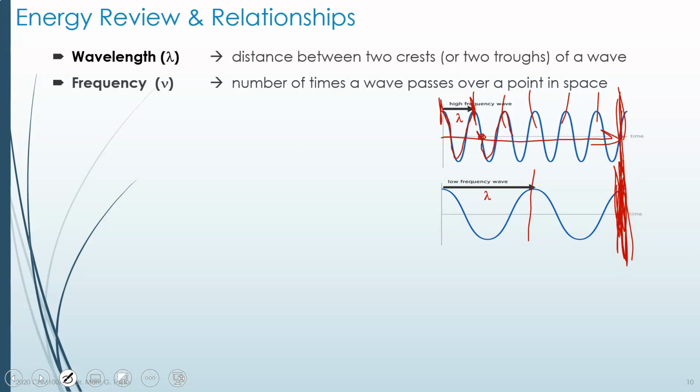So this bottom form has a much lower frequency. The wave doesn't come through as often because the wavelength is very long, whereas the top one comes through very often because the wave is very short. So high frequency means short wavelength. Long wavelength means low frequency. So they're inverse to one another.